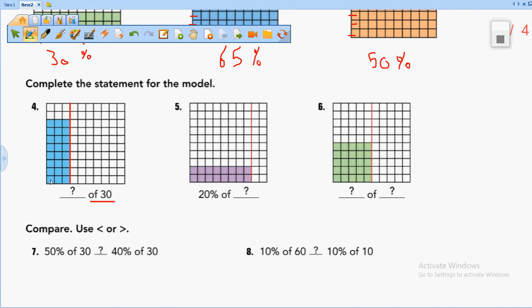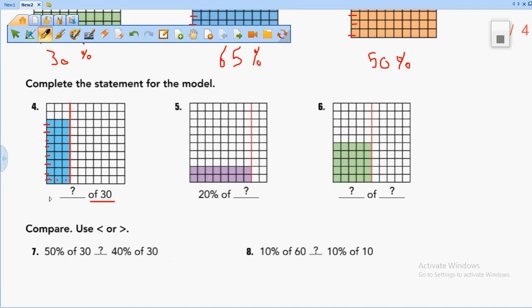Okay, look, I can say 1, 2, 3, you can count them, or you can say 10, 20, 30, 40, 50, 60, 70, 80% out of this.